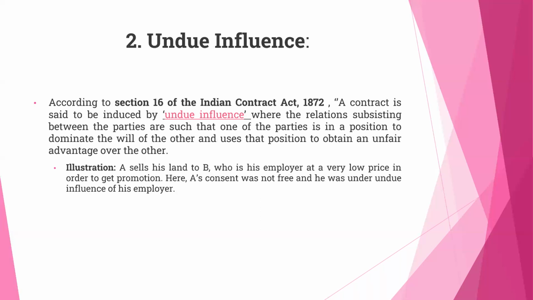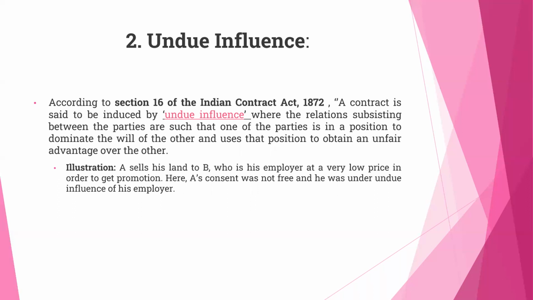Then the second one is undue influence. According to Section 16 of the Indian Contract Act 1872, a contract is said to be induced by undue influence where the relations subsisting between the parties are such that one of the parties is in a position to dominate the will of the other and uses that position to obtain an unfair advantage over the other.